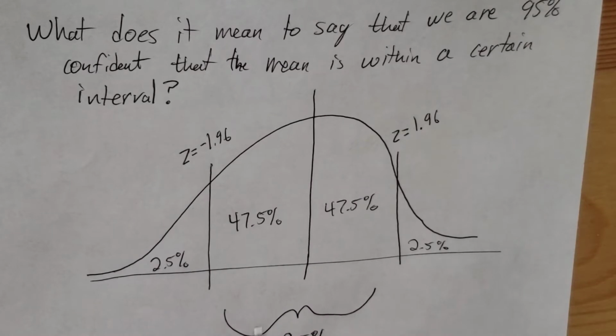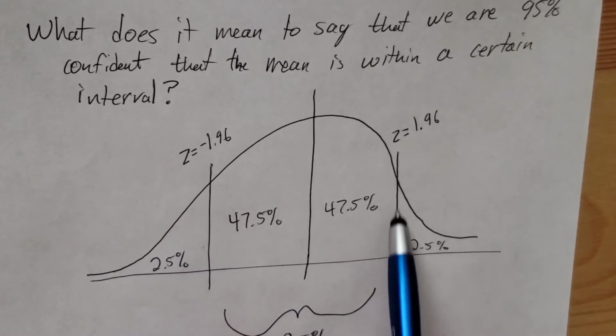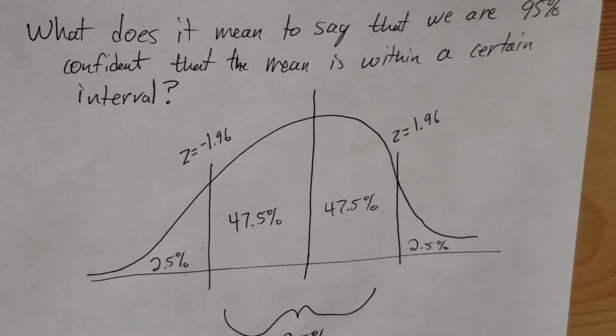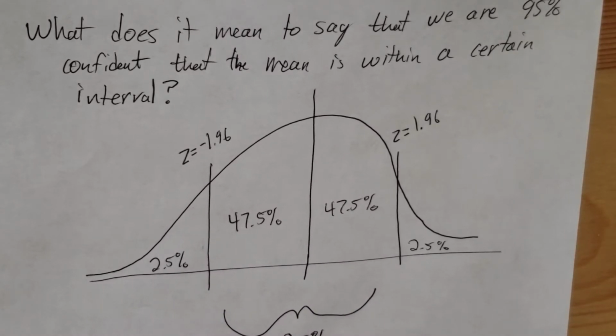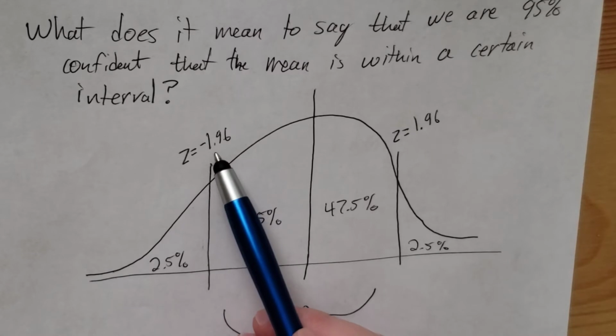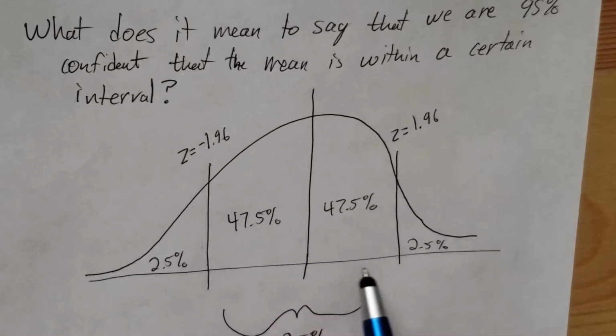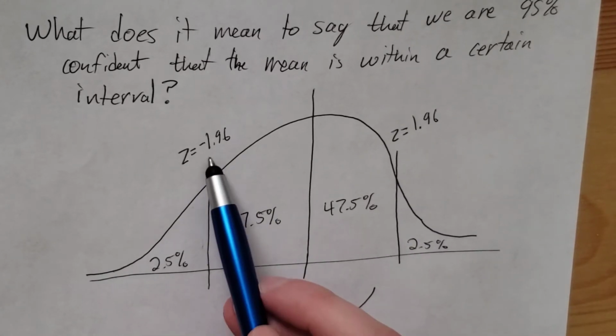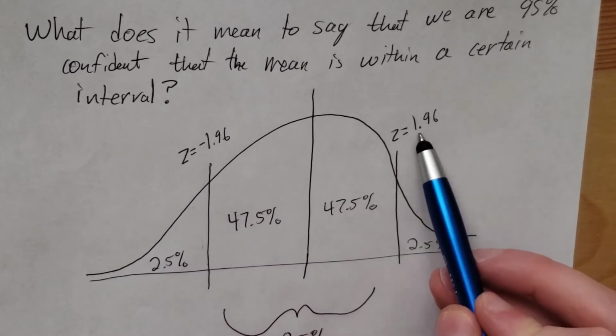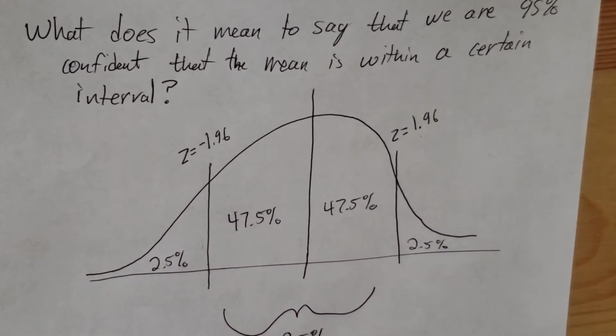Then we have 95% in between, 2.5% below this line and 2.5% above this line. Between here is 47.5 and here is 47.5. Now, why do I write that out? Well, we want to know the z-scores at those values. Those are negative 1.96 and positive 1.96 respectively.